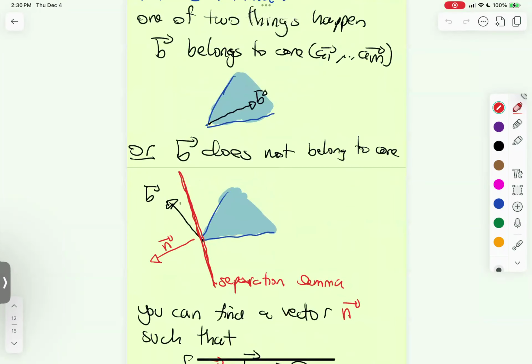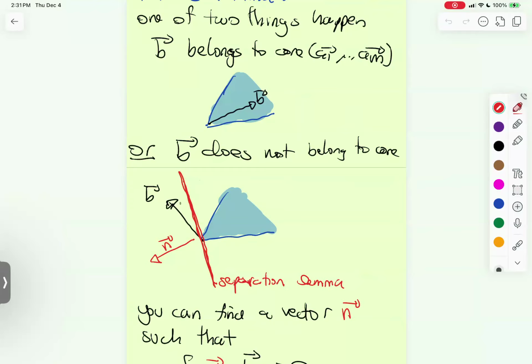Either a vector is in the cone of some vectors, or the vector can be separated from the cone. So it's one of these separation lemmas, which happens for convex sets. Being separated means that you can find a line, what looks like a line in this case, but would be a hyperplane in general. You can find a hyperplane where the vector is on one side of the hyperplane and the cone is entirely on the other side.